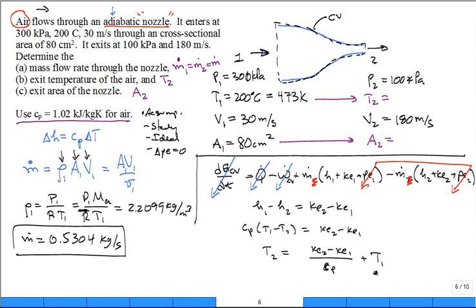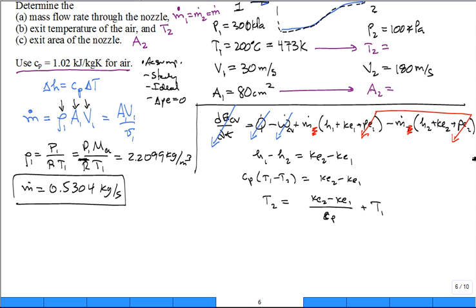At this point, you can't always do this, but at this point, I'm ready to substitute numeric values plus units for what I know. So the kinetic energy is 1/2. What is the speed at the exit? 180 meters per second. I'm going to grab that meter squared, second squared, put it out here on the units. Minus, for the kinetic energy 1, 30 squared.